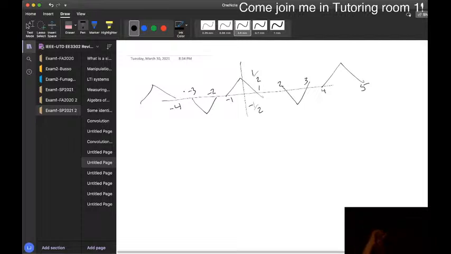Let's say you're given that, and we're trying to get the spectrum of this one. Since this is periodic, we use the Fourier series.